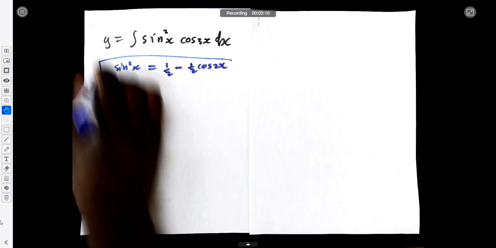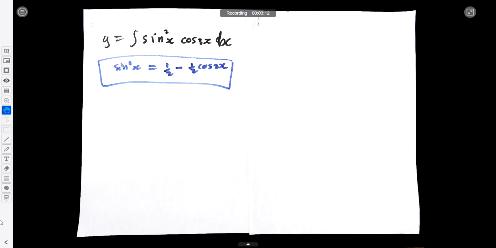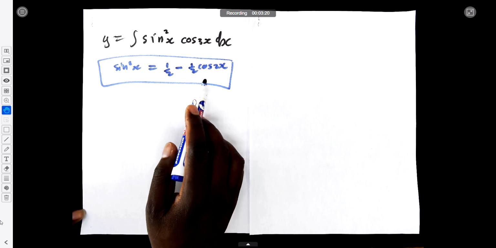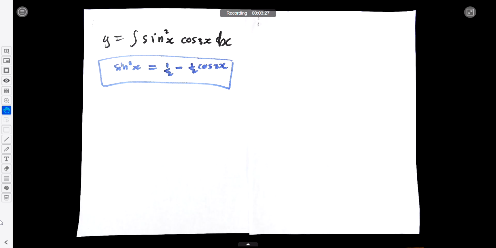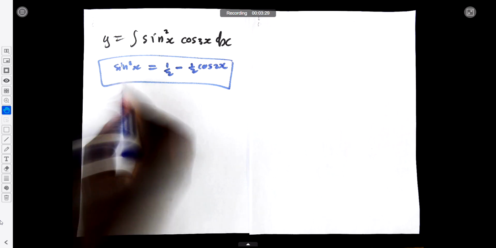So sine squared is equal to half minus half cos 2x. According to the general formula, cos 2x equals 1 minus 2 sine squared. That's the one that will help us to drop down the exponent.